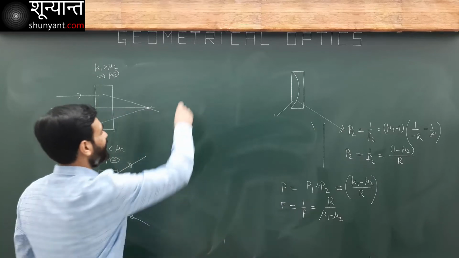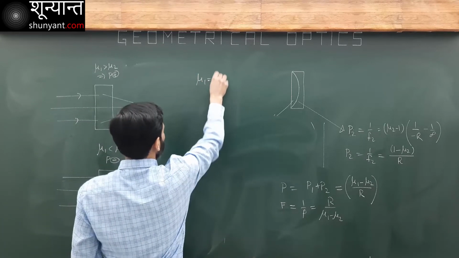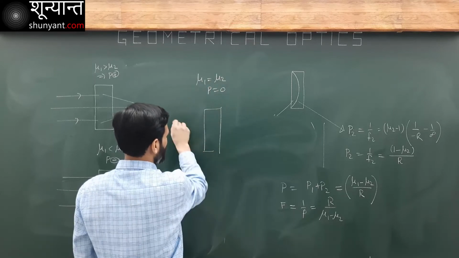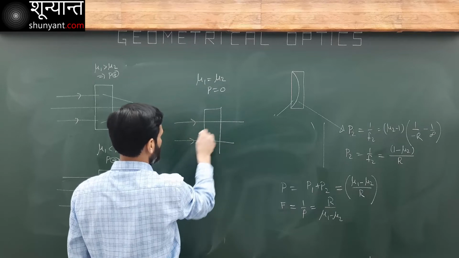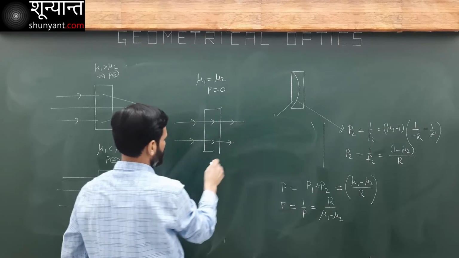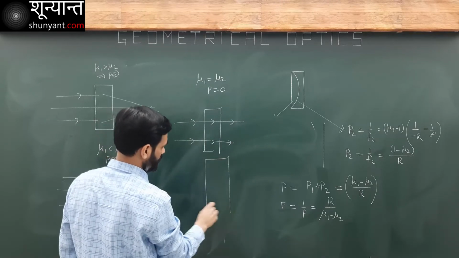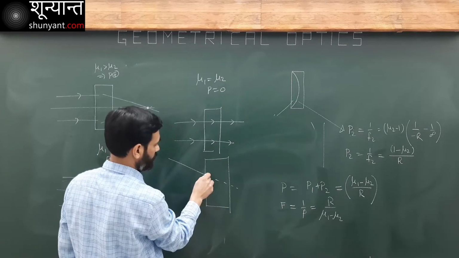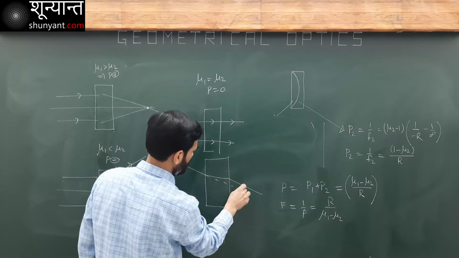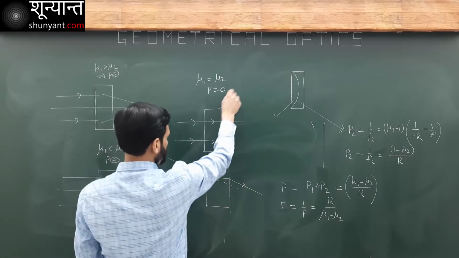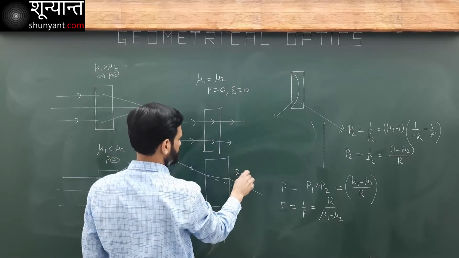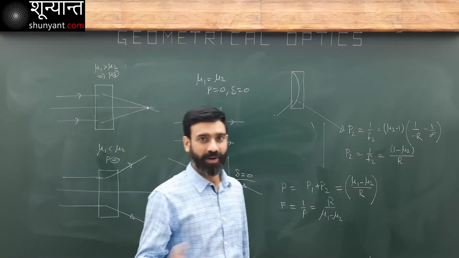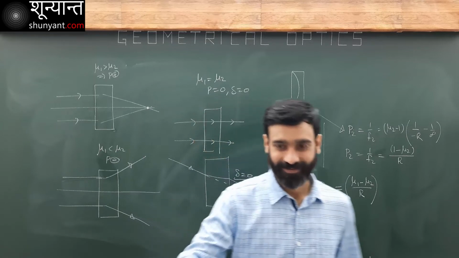That also is very interesting. mu1 is mu2, so power is 0. Power has to do with bending. If power is 0, there is no bending.